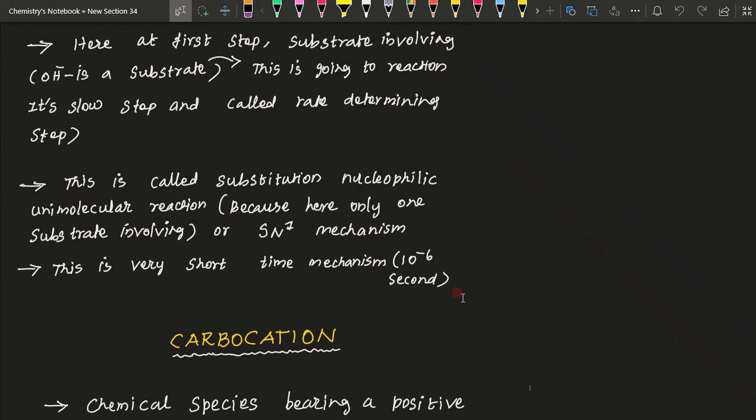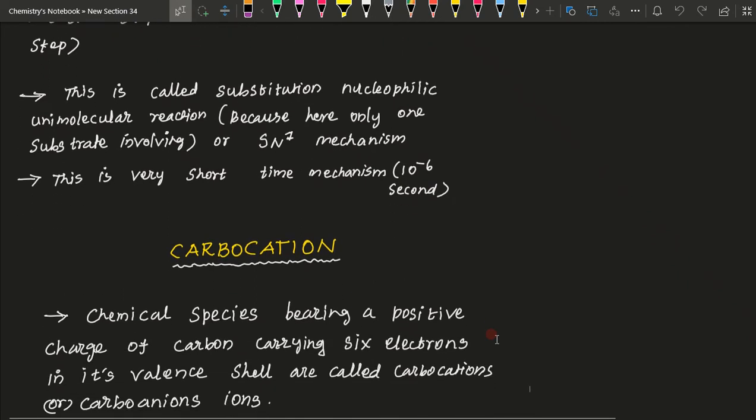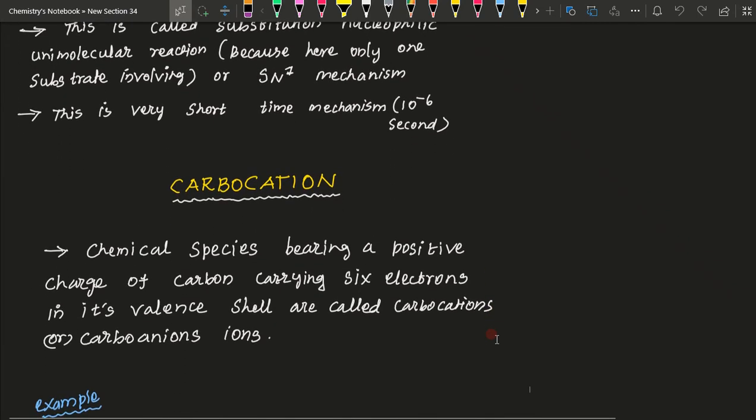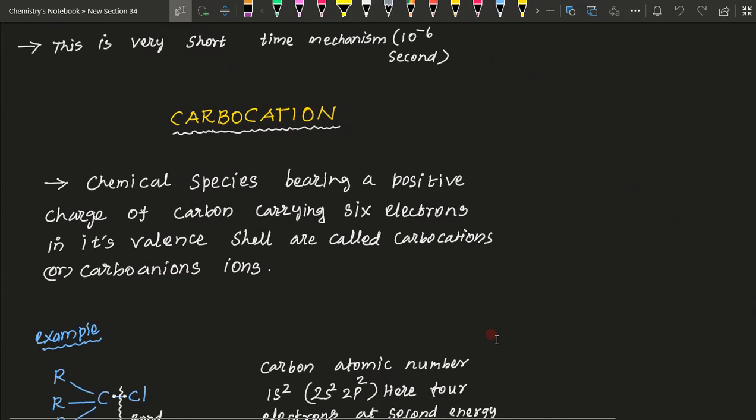mechanism. This is a very short time mechanism. See the value, 10 power minus 6 second only. Next, how to form carbocation? See the carbocation. The chemical species bearing the positive charge on carbon carrying 6 electrons in its valence.